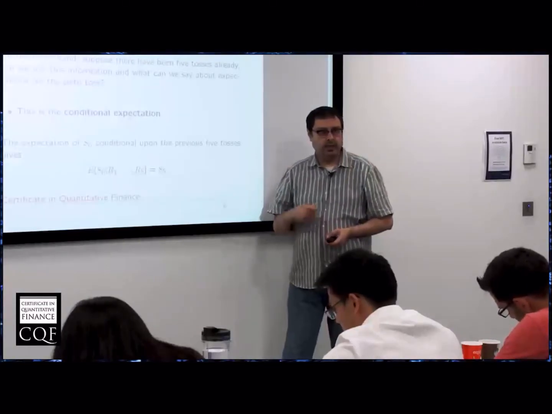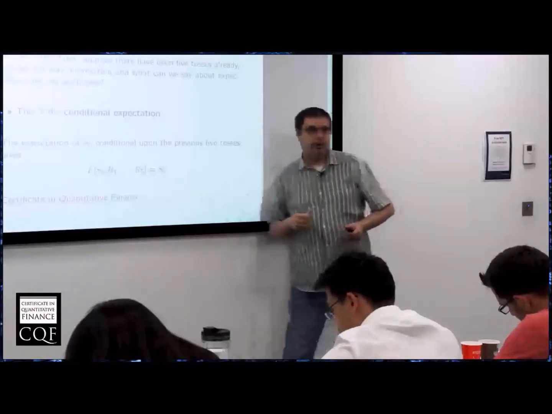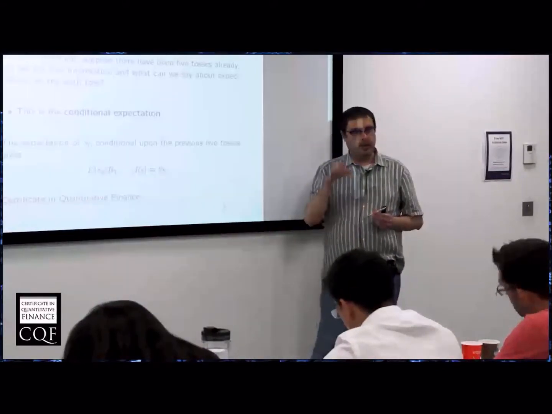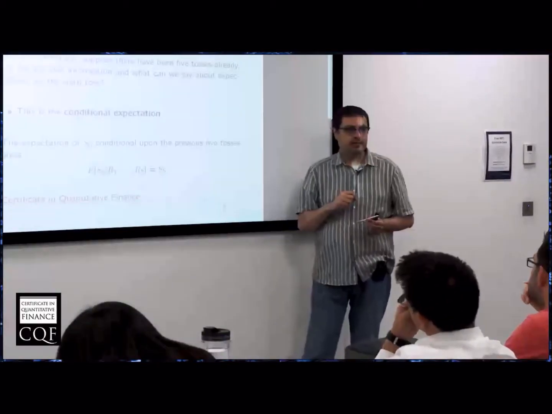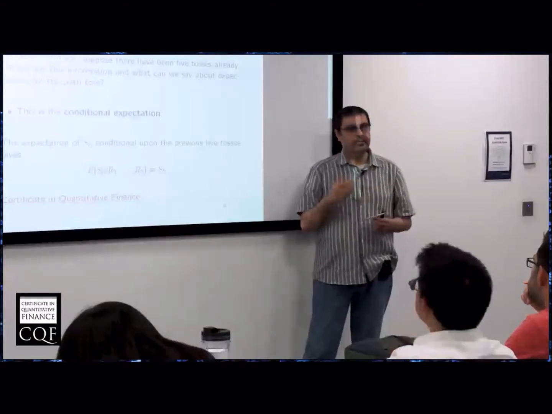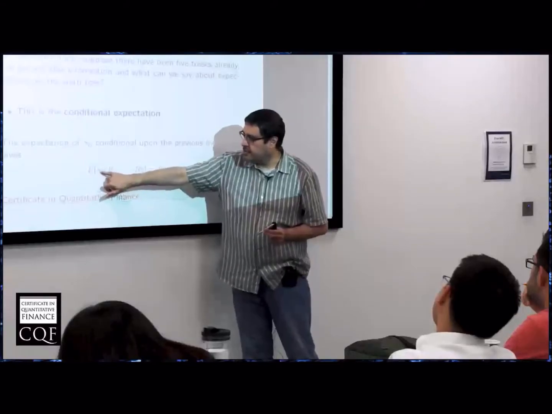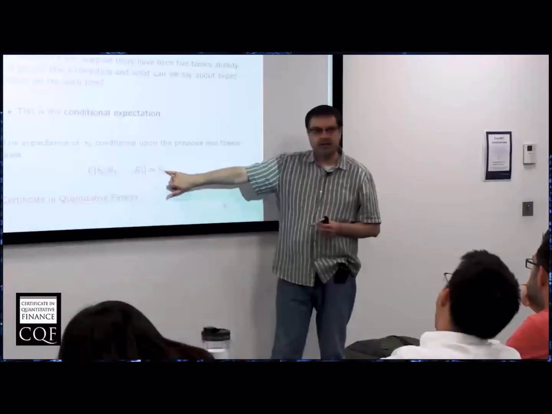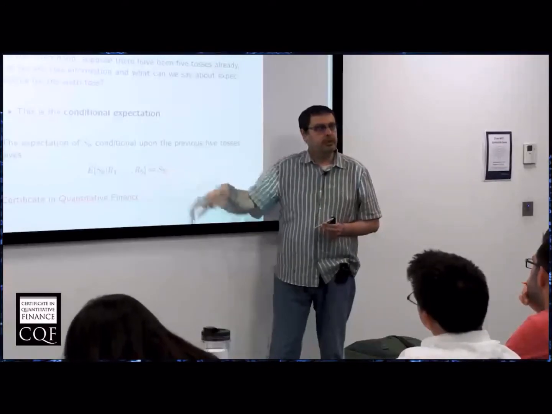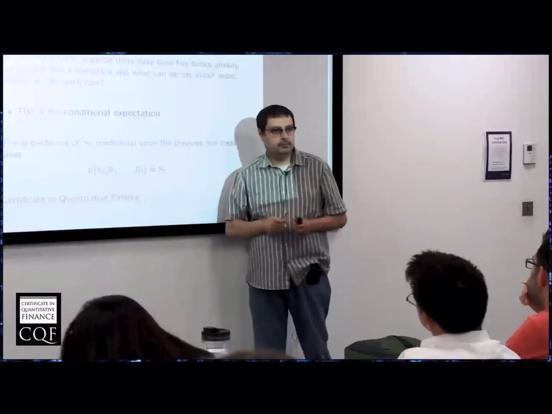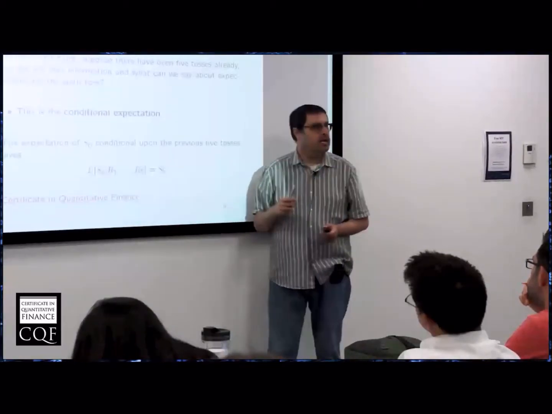In going from S5 to S6, the expected value is either a half times plus 1 plus a half times minus 1, so on average it's going to be 0. That's the reason why we can say that the expected value of S6 given S5 is in fact the money we have already, on average. Obviously, remember, you're doing this many, many times. That's the idea of a conditional expectation, and that's going to be very important for us in finance.